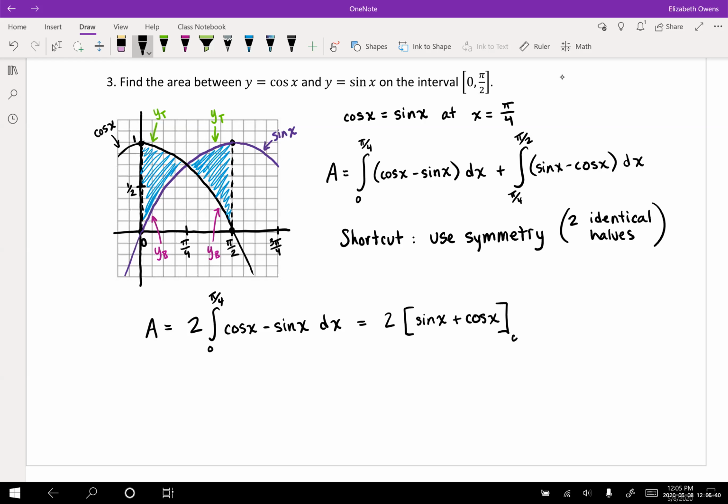All right, and then we're going to need to plug in our limits, 0 and pi over 4. Remember to keep that 2 out front since we're using symmetry. And we'll plug in pi over 4: sine pi over 4 plus cosine pi over 4. And then subtract and plug in 0.